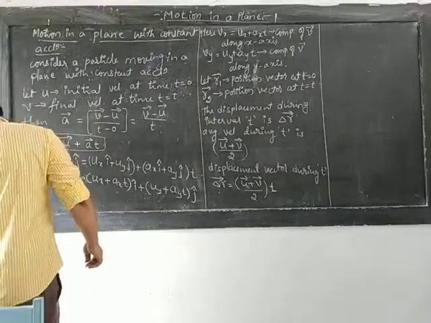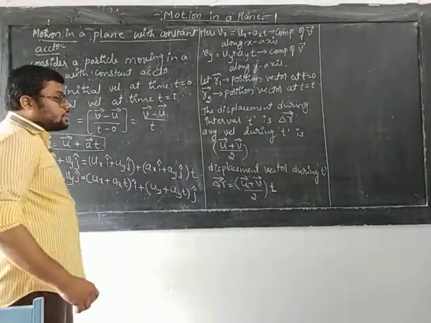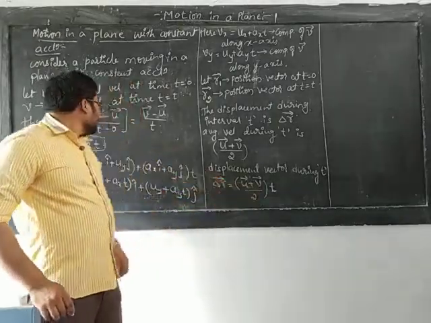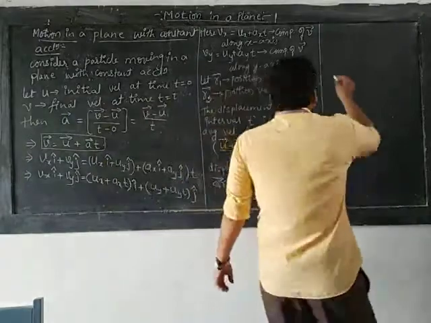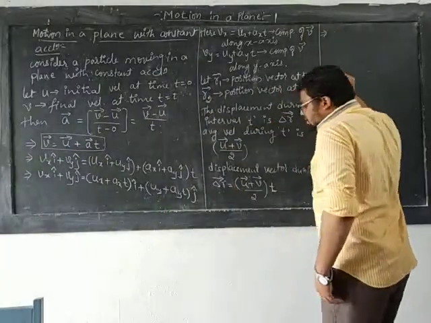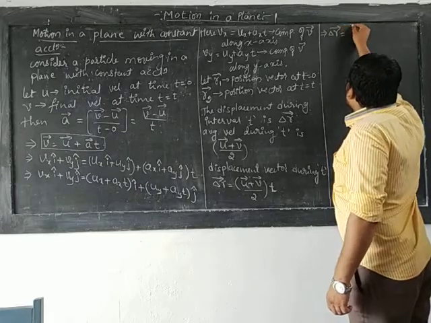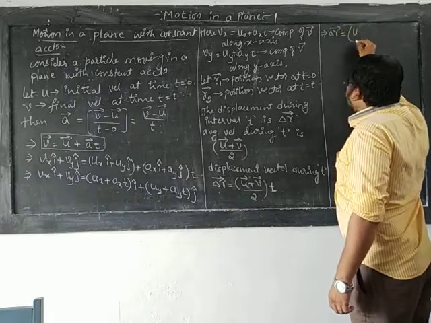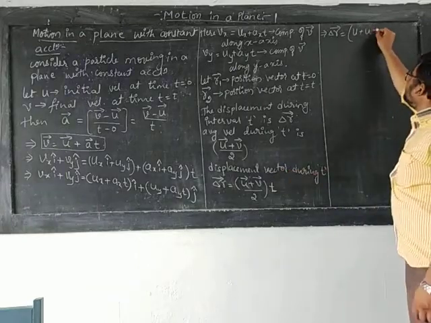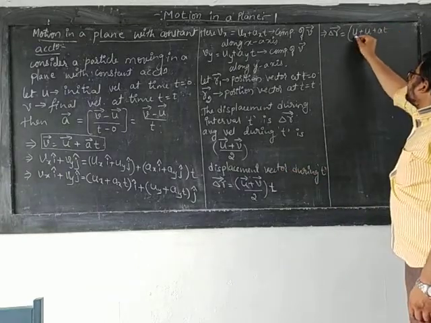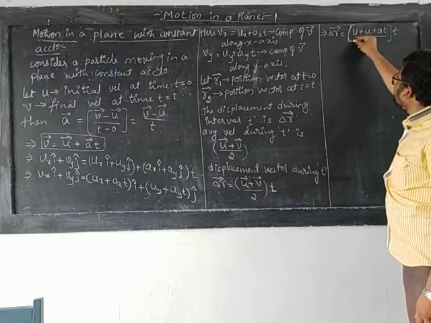Okay. So now we just have to substitute the value of v from this equation. That is delta r is equal to u plus, instead of v, we need to write u plus at, divided by 2, into t.